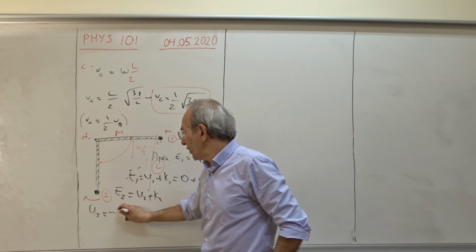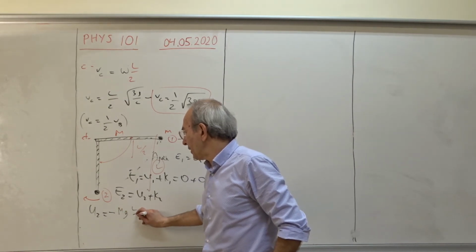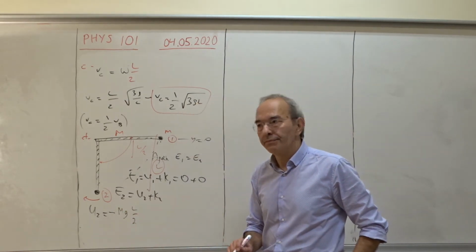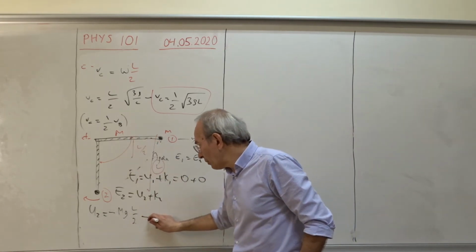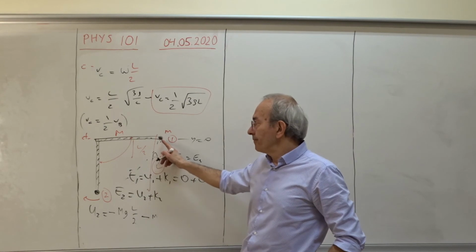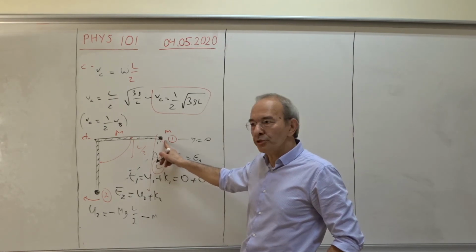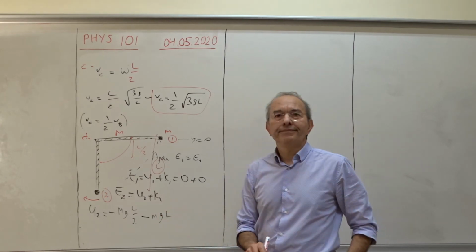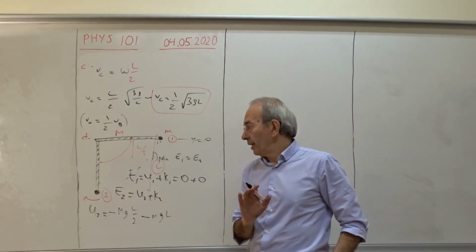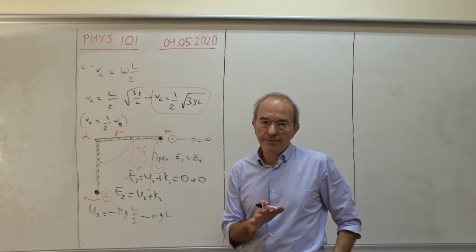One is negative capital M g L over 2, because it falls a distance of half of the length. And the other one is also minus little m, this small object falls a height of L, minus mgL for the potential energy change.